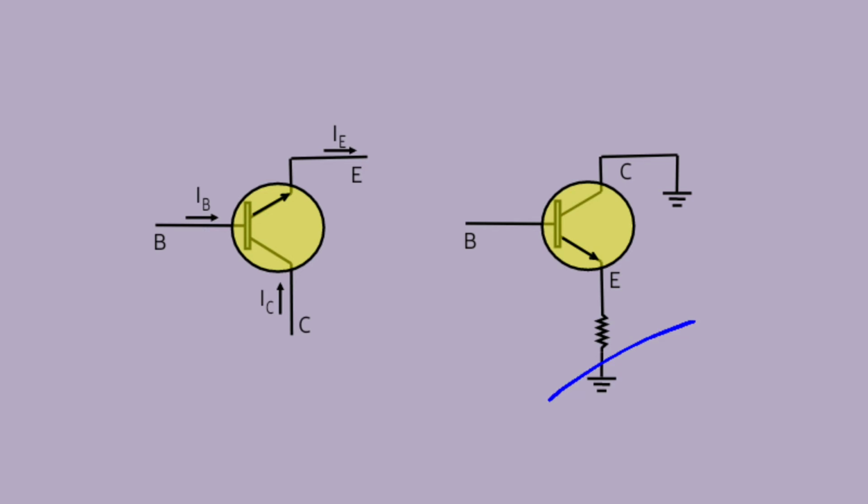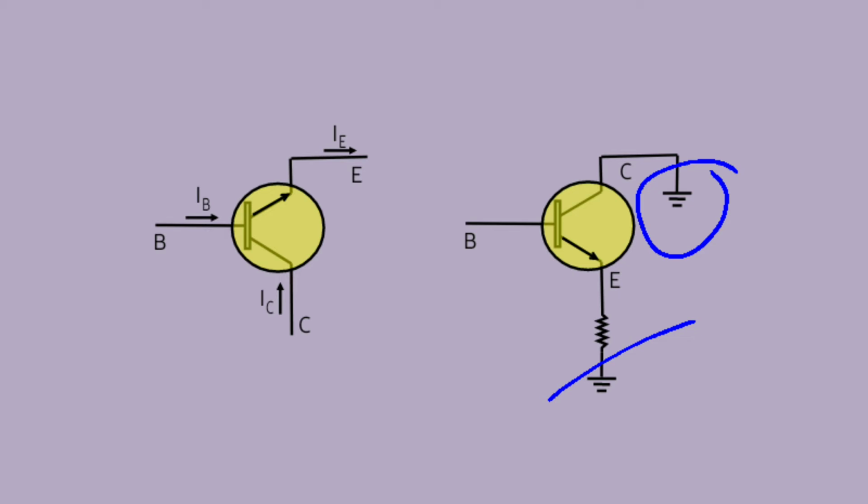That is, the resistor is connected from emitter to ground. We can also notice that the collector is tied to the ground even though the transistor is connected in a manner similar to the common emitter configuration. For all practical purposes, the output characteristics of this common collector configuration are the same as the common emitter configuration.